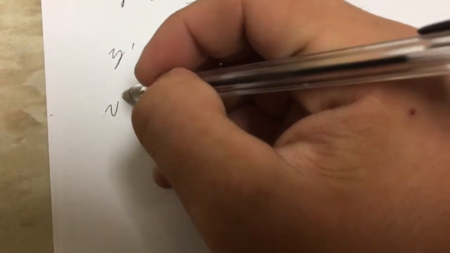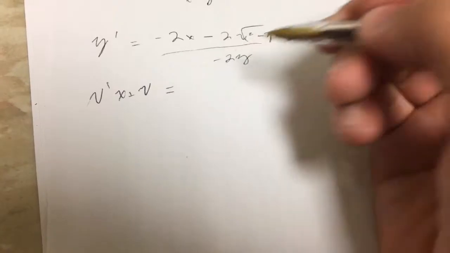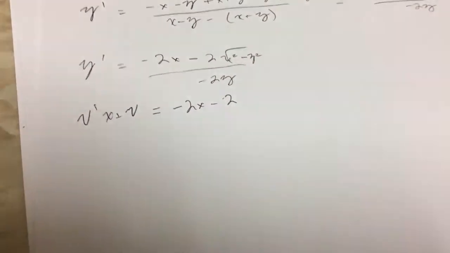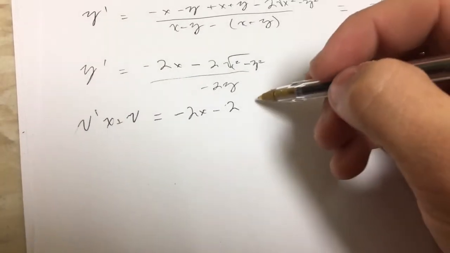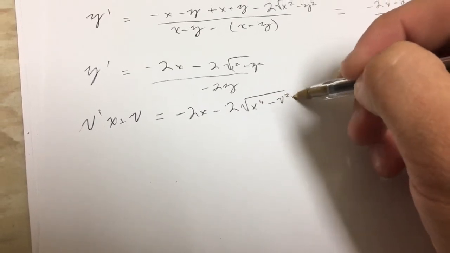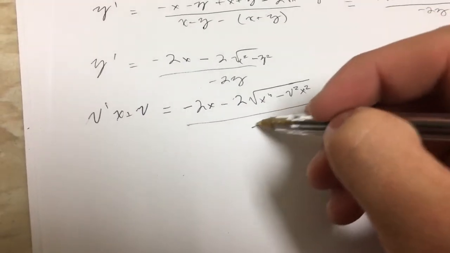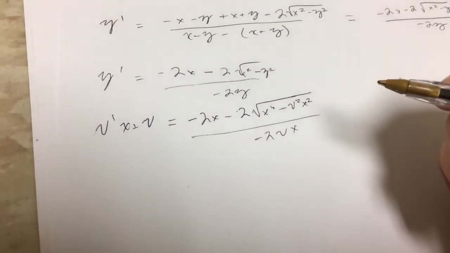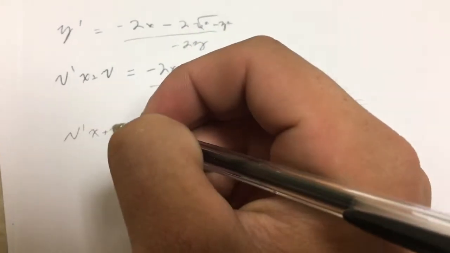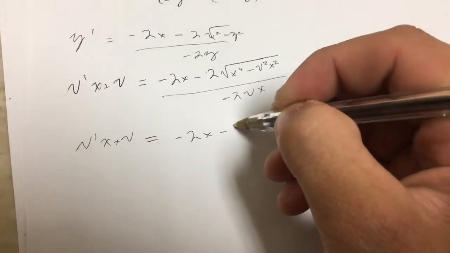So v prime x plus v equals negative 2x minus 2 square root of x squared minus v squared x squared over negative 2vx.